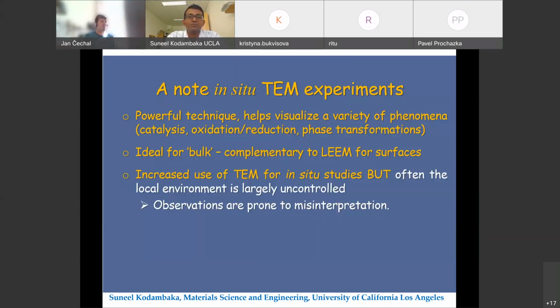And in some ways, it's complementary to the LEEM technique for two-dimensional materials or surfaces, because in TEM, you're essentially probing the bulk microstructure of a given material, even though it's thinned down. And in terms of challenges, typically you need to identify the right material or the right sample geometry that works best.